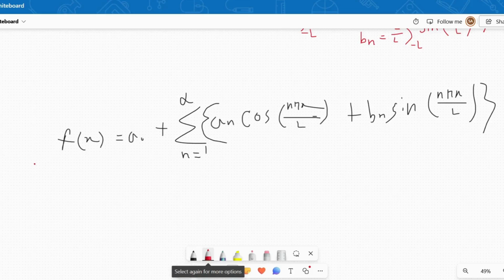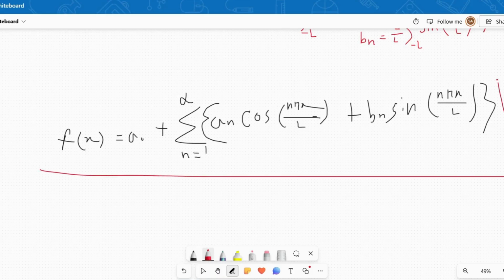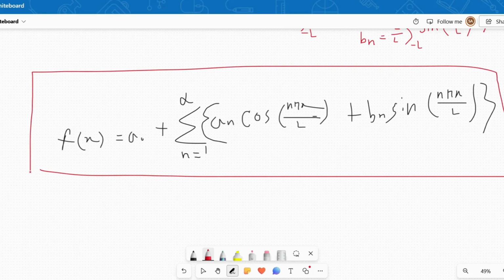This is our Fourier series. I hope you all understand this topic.